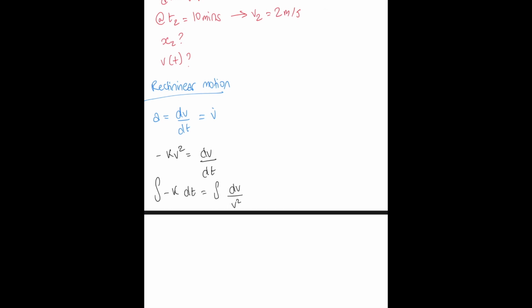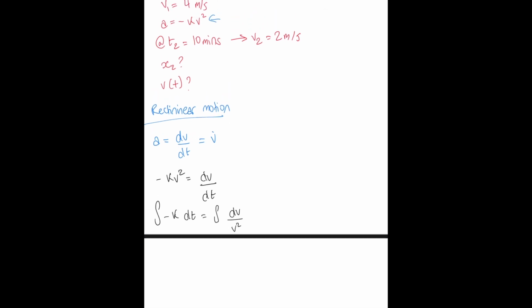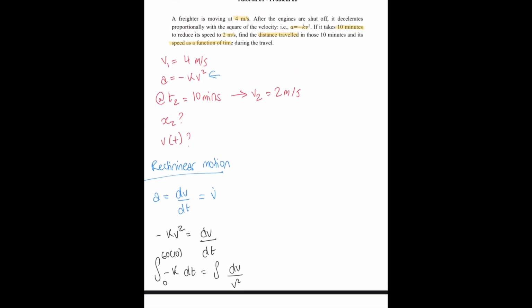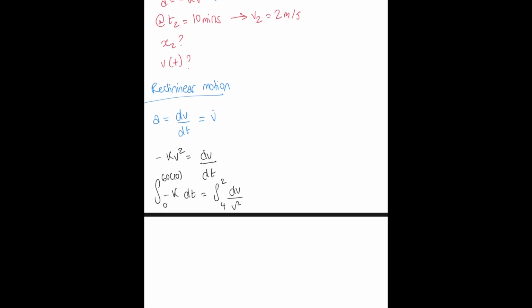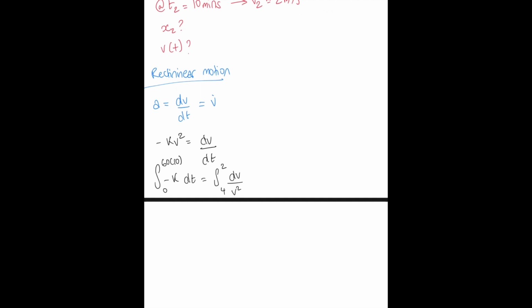And our boundary conditions here for our time is 0 and 10 minutes, which is 60 multiplied by 10 to give us our time in seconds. So our velocity is going to be from 4 to 2, because our first velocity is 4 meters per second, our second one is 2, so it's decelerating.